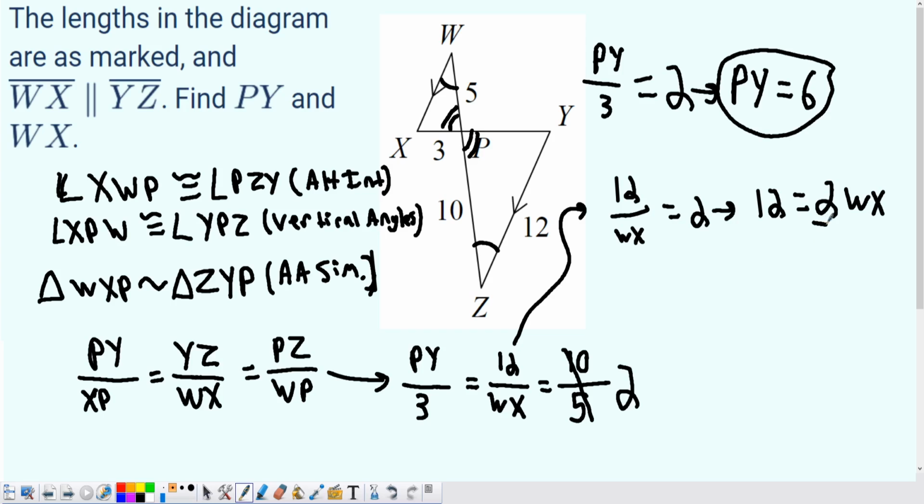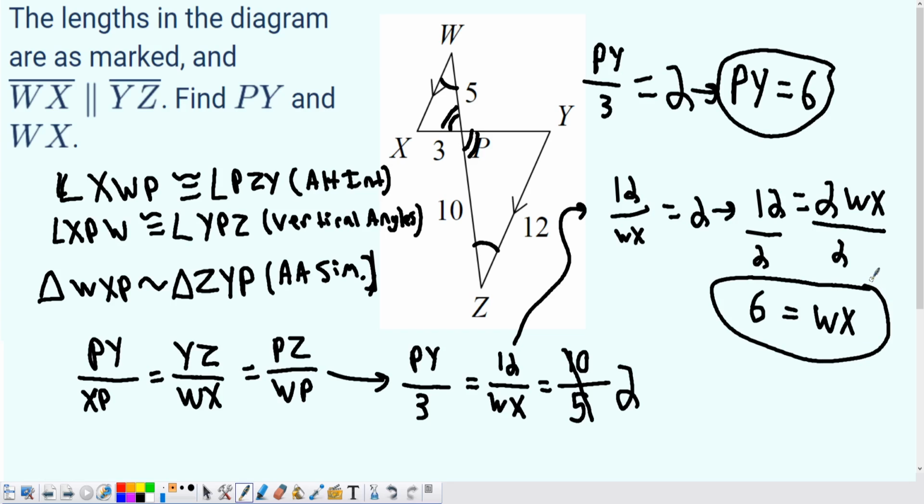And to get WX by itself, we will divide by 2. And we actually end up getting that WX is the same as PY, which is 6. So this is just another example of how to use angle-angle similarity to solve for some missing sides of some triangles.